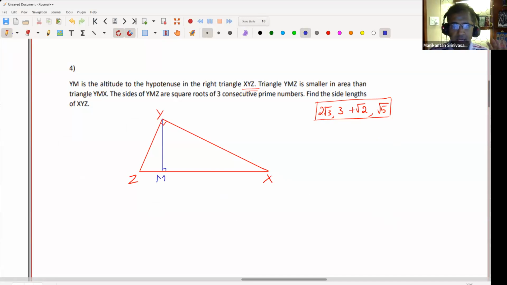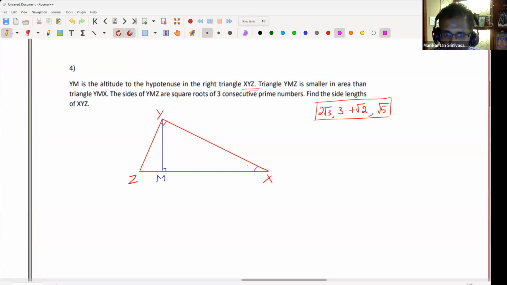Okay. So this diagram is very clear to everyone, right? And we discussed this in the last class. When you have a perpendicular drawn from the right angle in a right angle triangle, it divides the triangle into 3 similar triangles: the big triangle, the small triangle, and the medium triangle. Why are all 3 similar? Because all of them have the same set of angles: theta, 90 minus theta, and 90.